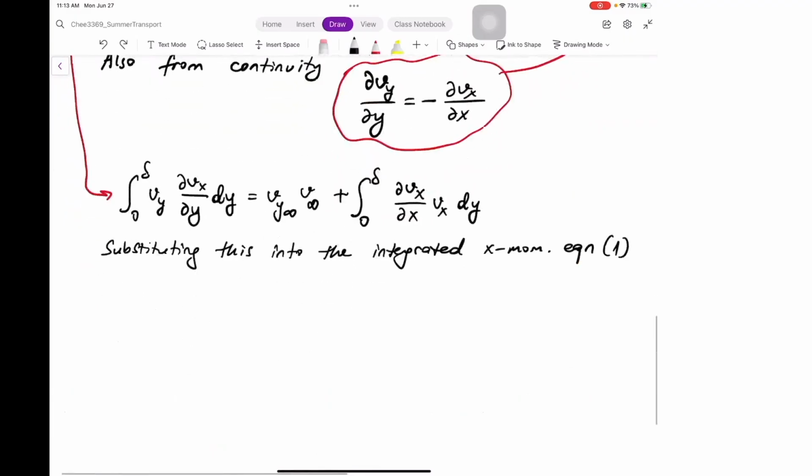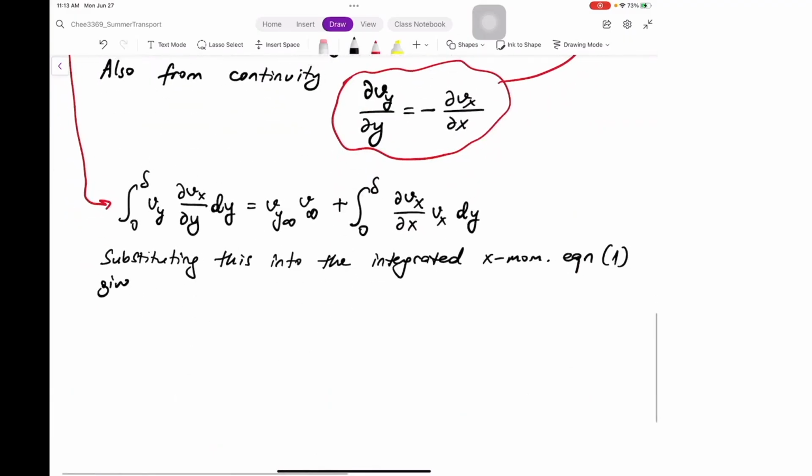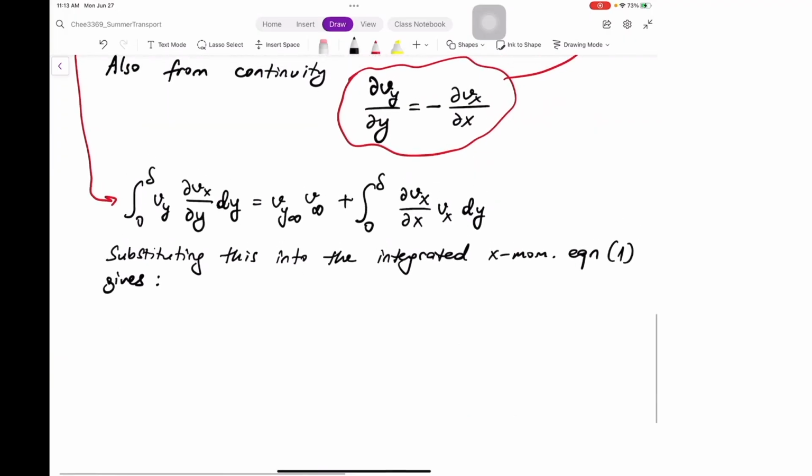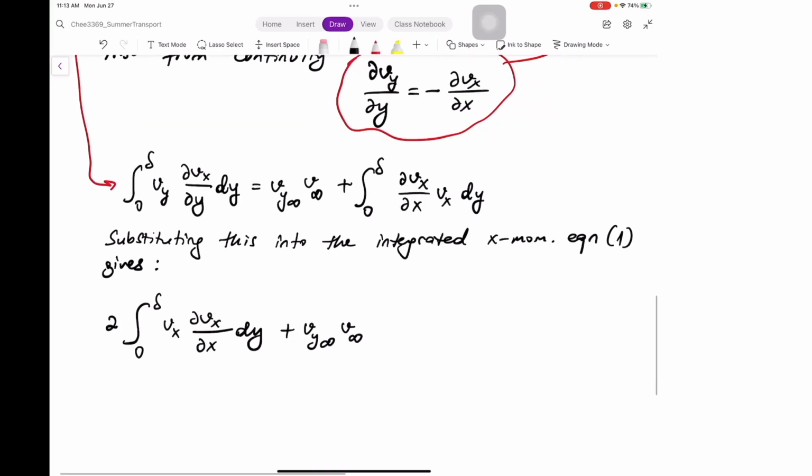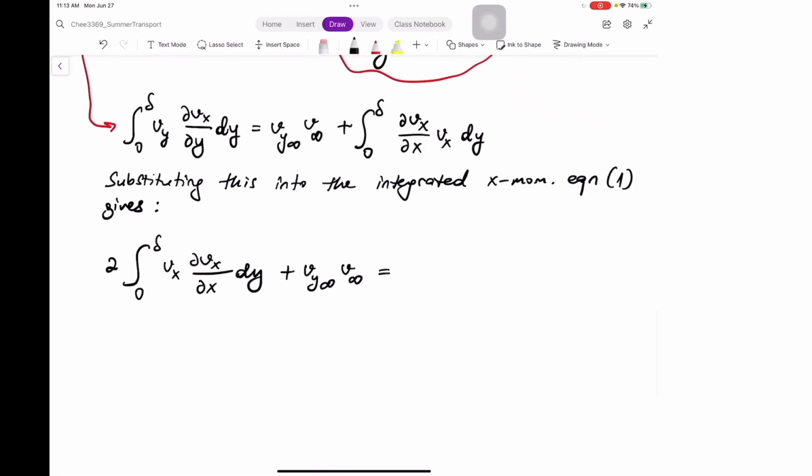Okay, gives 2 times integral from 0 to delta Vx del Vx over del x dy plus Vy infinity V infinity, is equal to nu integral 0 to delta del square Vx over del y squared dy.